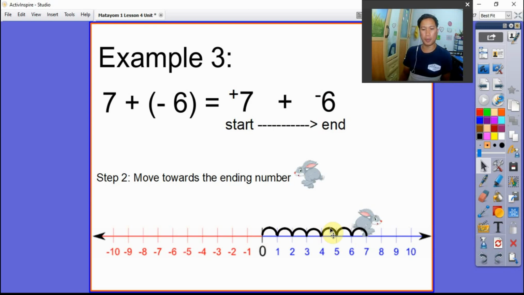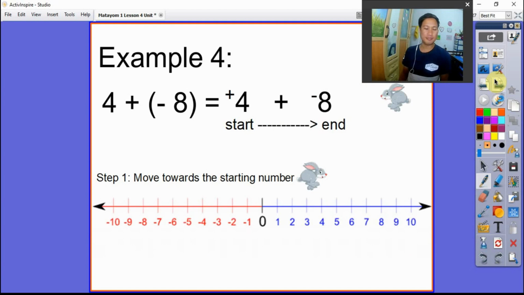Now we hop negative 6, or to the left 6 times: 1, 2, 3, 4, 5, 6. And we end up at positive 1. So 7 plus negative 6 is equal to 1. Very easy.